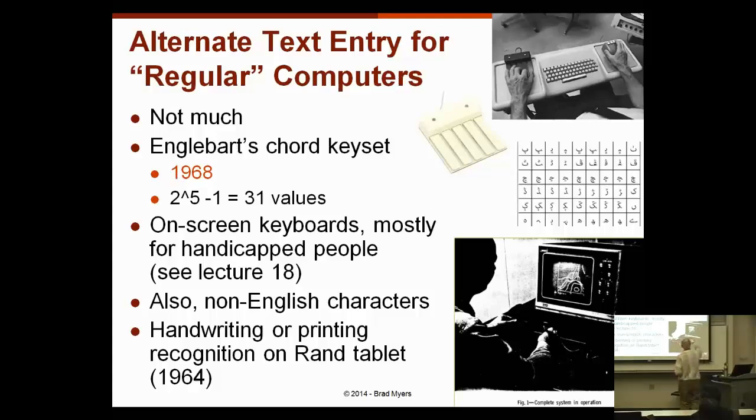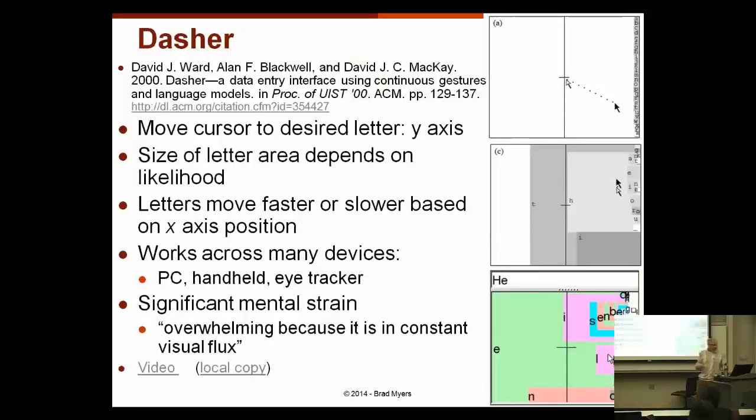And they had a mode switch that would do numbers. There are obviously a variety of on-screen keyboards. There are techniques for foreign languages, which we're not covering. And there's a long history, as we talked about before, of handwriting and tablets and stuff like that attached to real computers. But really, most of the interesting effort has been with handhelds.